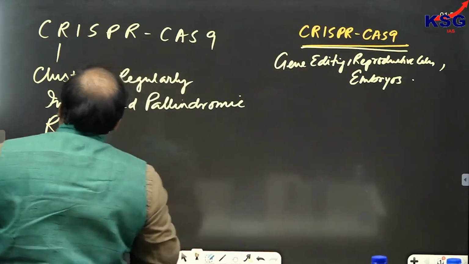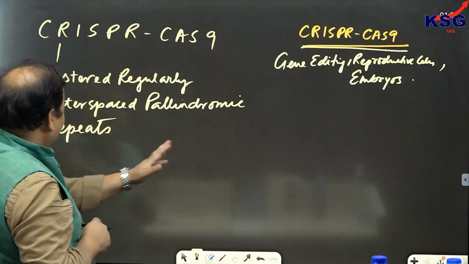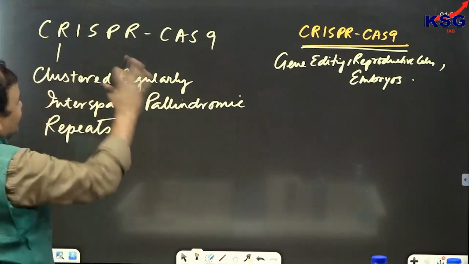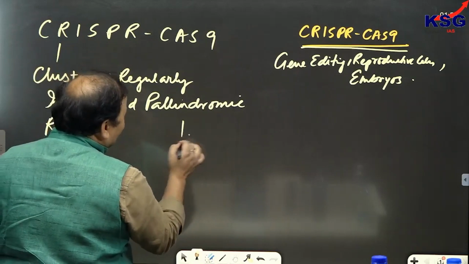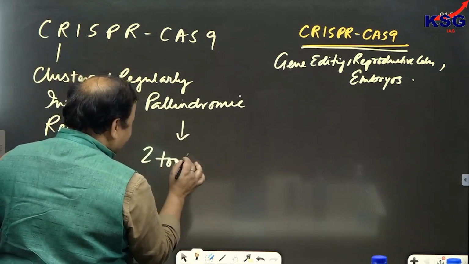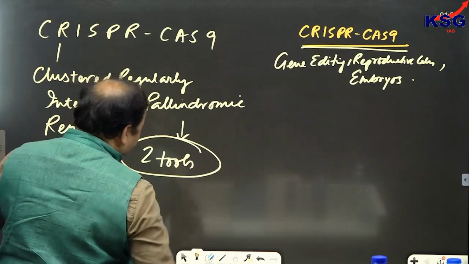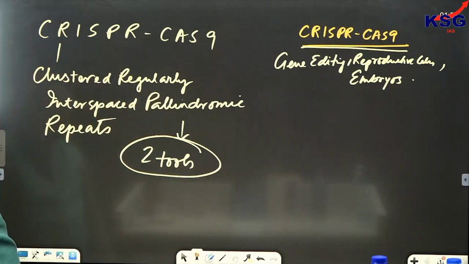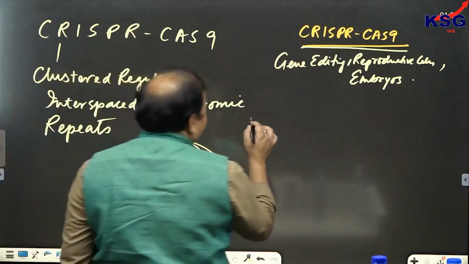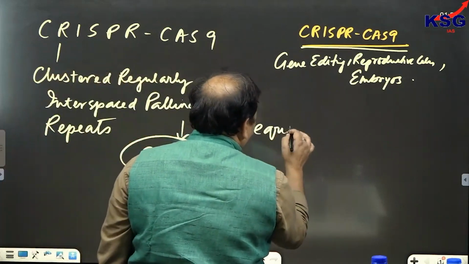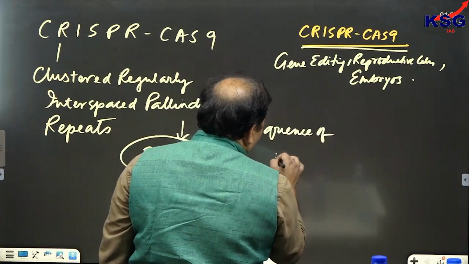Now this is called what? It's called clustered, regularly interspaced palindromic repeats. Now CRISPR-Cas9 technology has two tools. There are two tools present in CRISPR-Cas9 technology. Now the first tool present in CRISPR-Cas9 technology is what? It is a sequence of RNA.